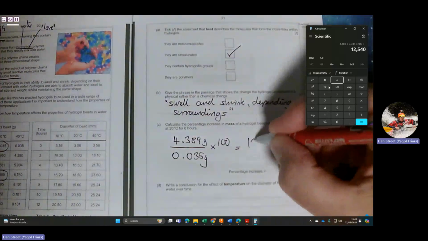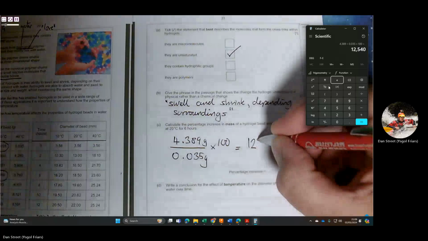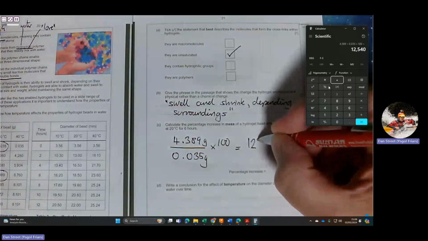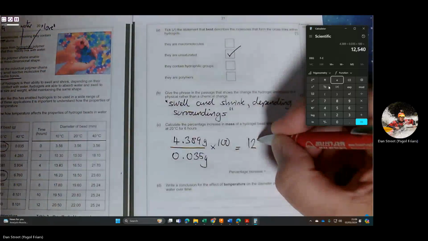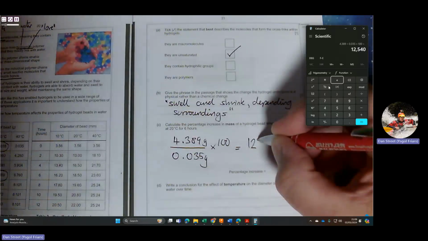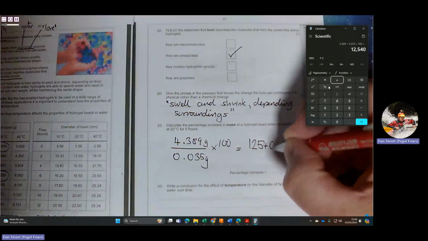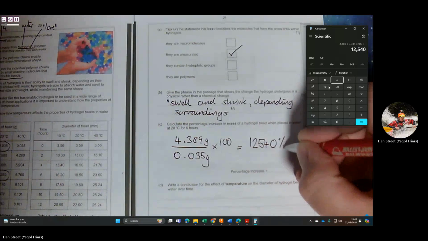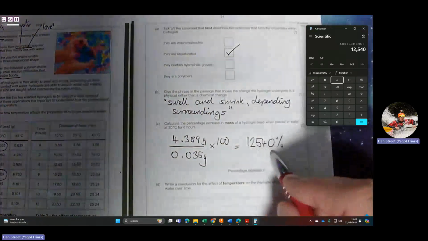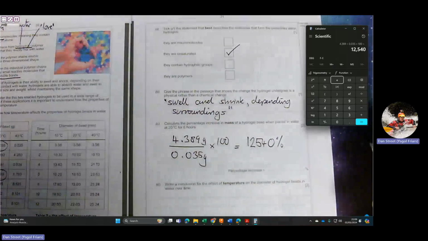So 12,540%. Okay, so it's a massive increase there in mass.